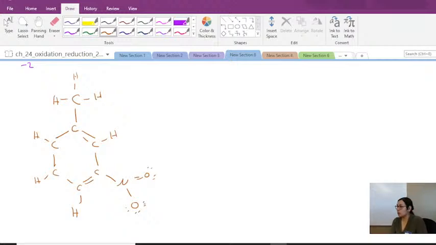Are we taking into account that carbon is more electronegative than hydrogen, so it should take those? Yeah, but it's neutralized. It doesn't have the difference. I don't think that makes sense.